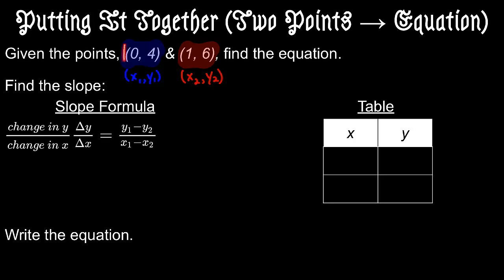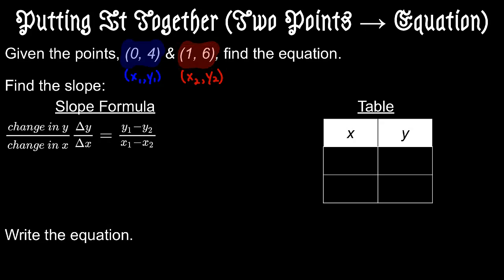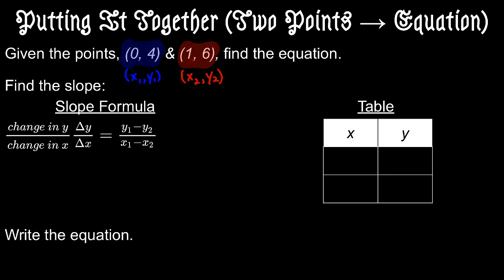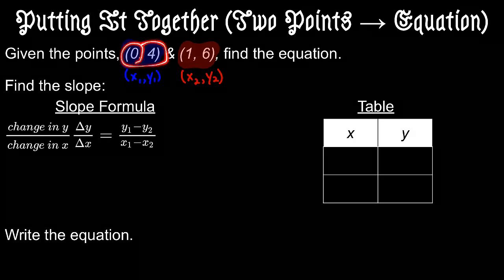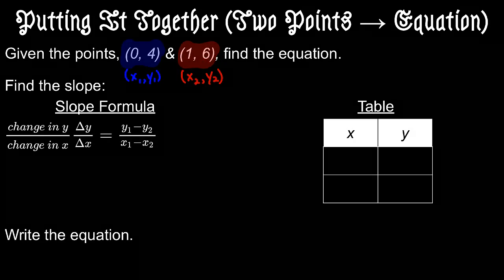So this is my first point, and this is my second point. So 0 is my x1, 1 is my x2. That means it's the x value of the first point and the x value of the second point. All right, and then 4 is my y1 and 6 is my y2. The y values of our first and second points.